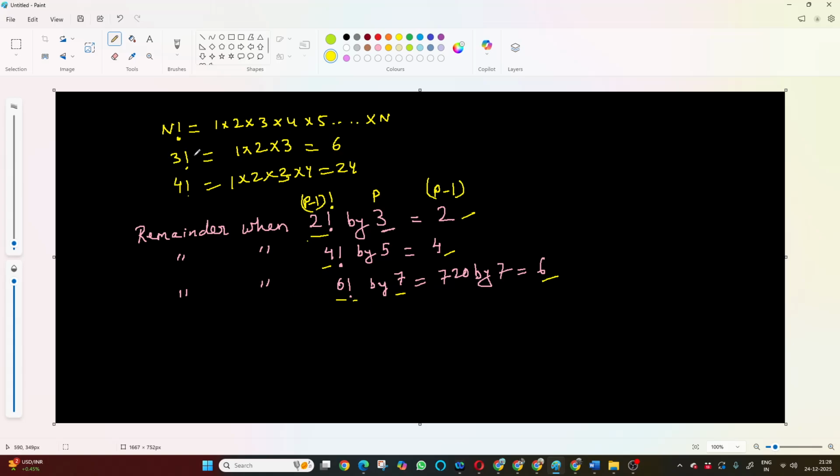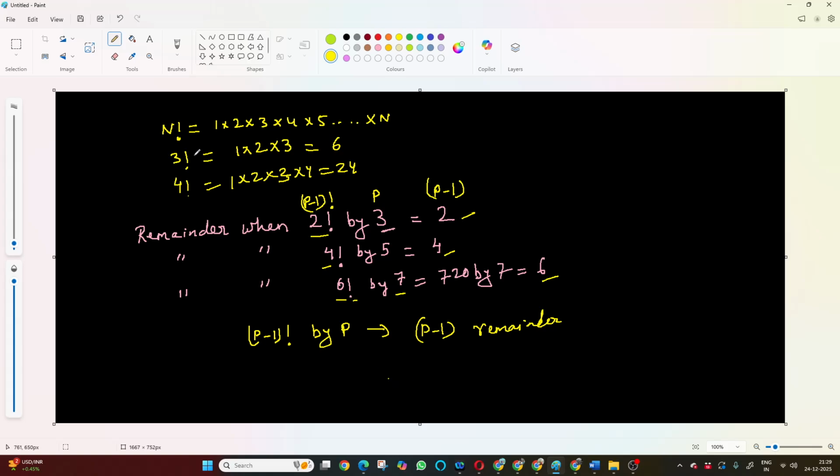So if I extrapolate this, I can say that if we divide P minus 1 factorial by P, where P is a prime number, the remainder that we will get is P minus 1. Now all these examples that we took are countable and smaller in scale. But what if you get a very large number? Suddenly, the entire situation escalates, right?